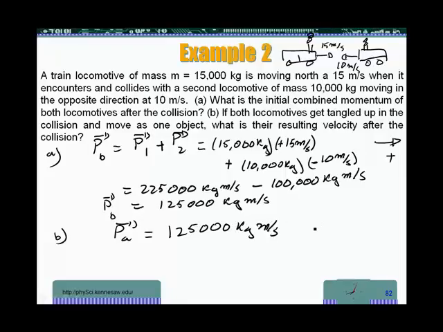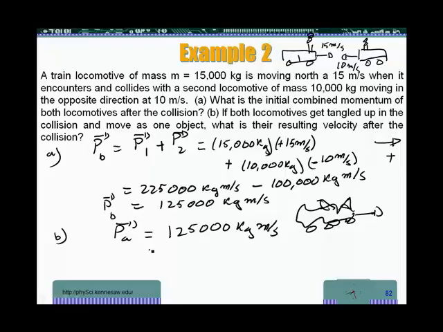So what that means, after the collision, this tangled up mass of two locomotives is going to have a positive momentum, because we found a positive momentum for the combined momentum of both of them.